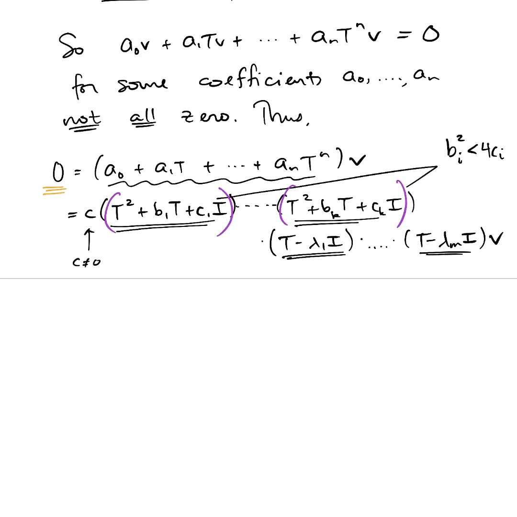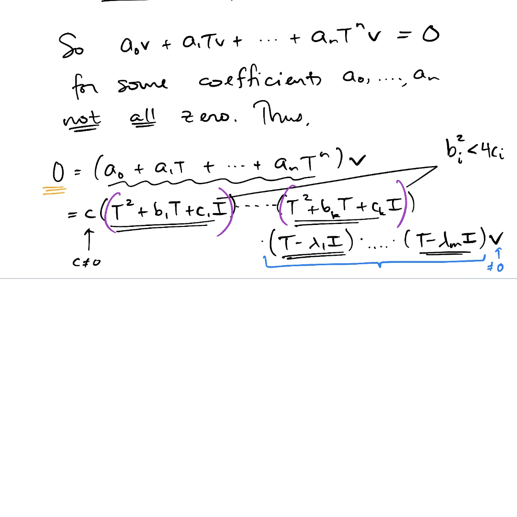And none of those purple guys can take something non-zero and make it 0, which means one of these must take something non-zero, namely this, and produce 0. In other words, one of lambda 1 through lambda m must be an eigenvalue.